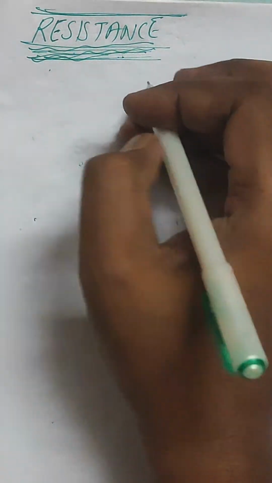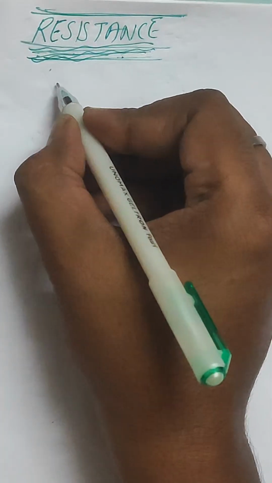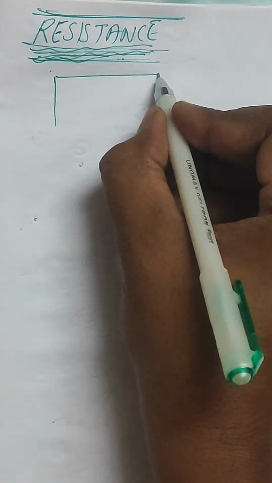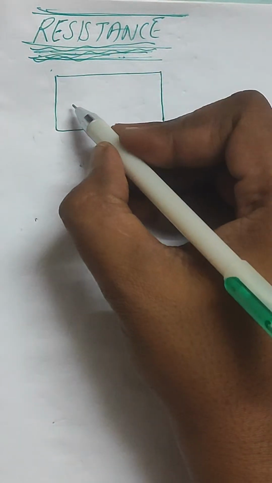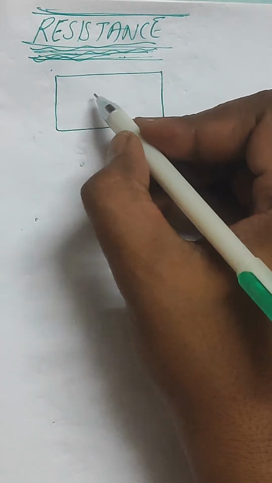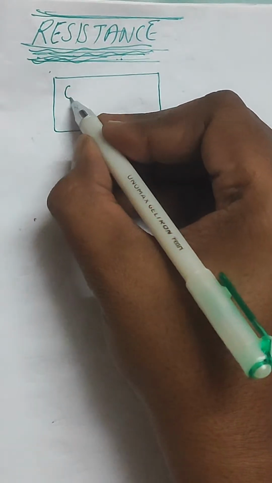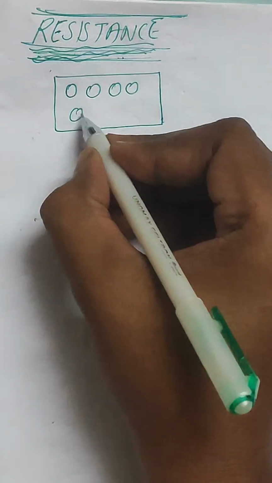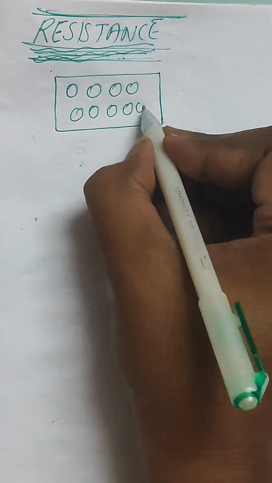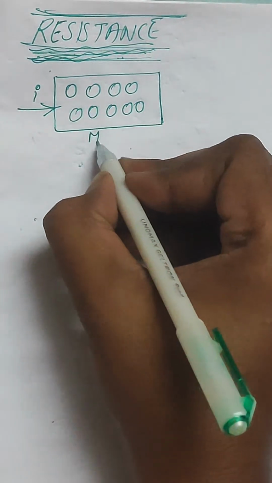So let us say if this is a material, and it all depends upon various factors. It depends upon the nature of the arrangement of the electrons and protons, that is the molecules, or the nature of the arrangement of the atoms inside the material. It all depends on how much of the current is passing through that material.